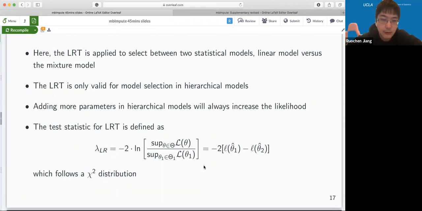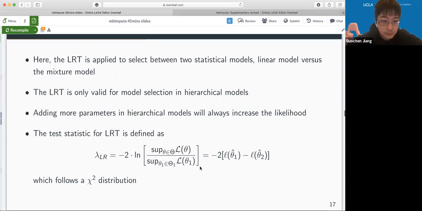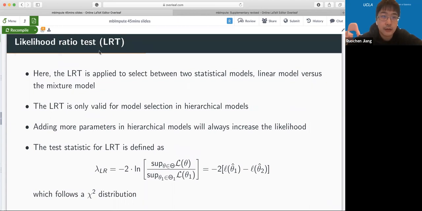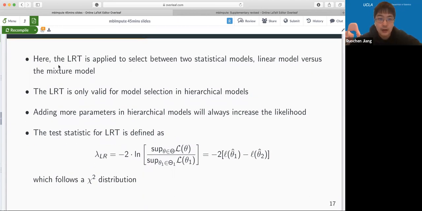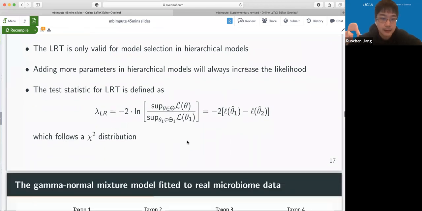Traditionally, when statisticians did not have computers, they wanted to derive some good distributions, so they had a table to refer to for calculating the p-values, or the probability of some value falling into that distribution. Okay, so this is the likelihood ratio test. The key take-home message is that the likelihood ratio test can be applied to select between two statistical models in the hierarchical model setting.